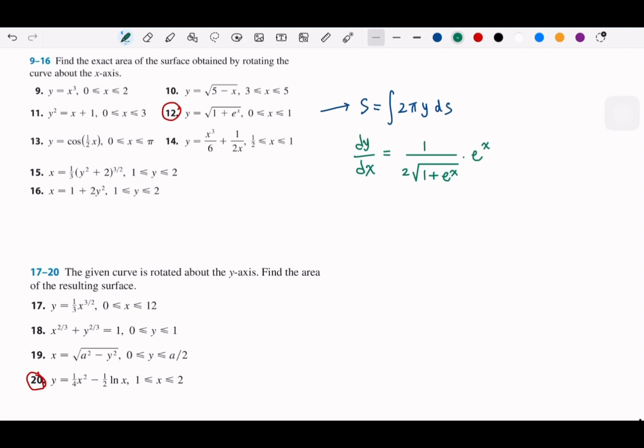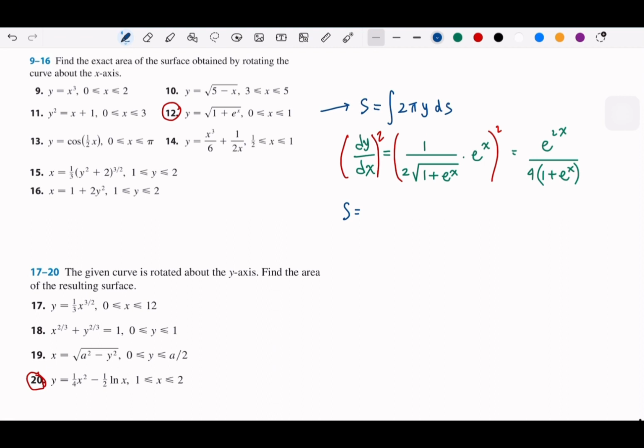Okay, now we take the square, and then what will happen? This will be equal to e to the x over 4 times (1 plus e to the x), since the square root will be gone, right? Okay, I think we can write it in the formula.